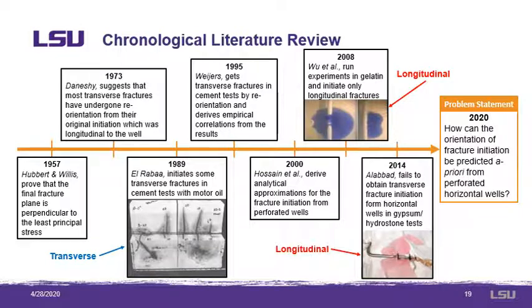Having this literature review in mind, the question we should ask ourselves is what really governs the orientation of fracture initiation, and how accurate and valid are the criteria I presented in the previous section.